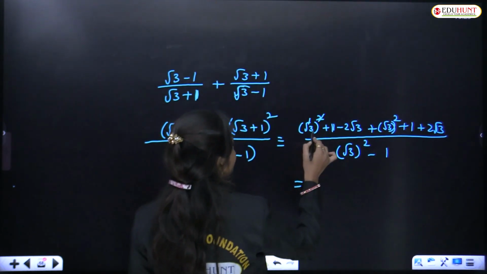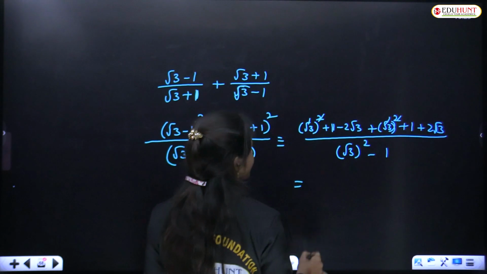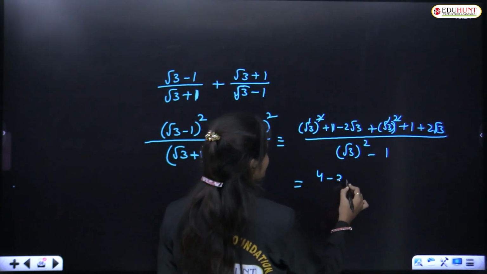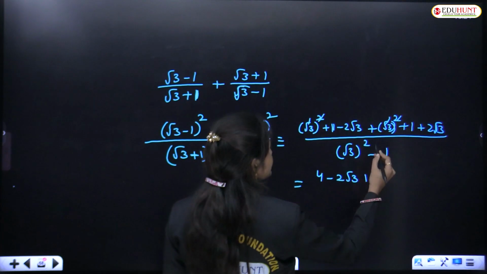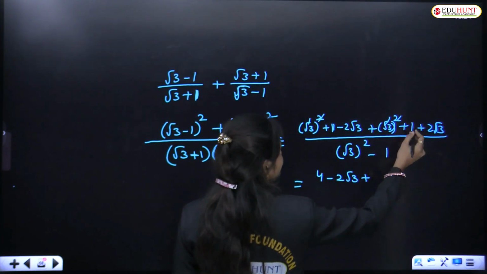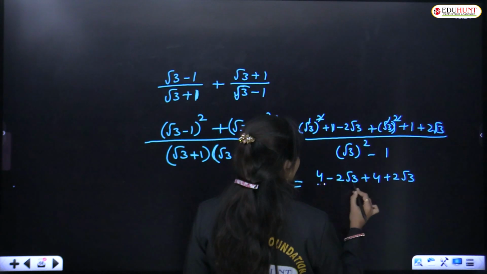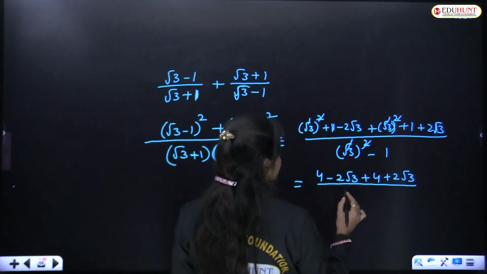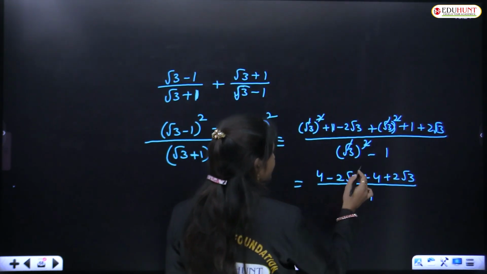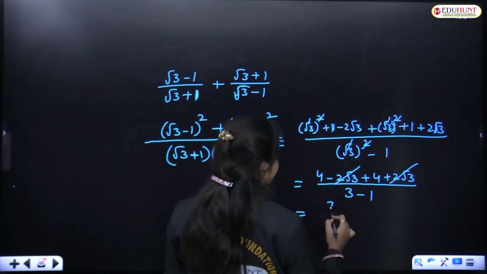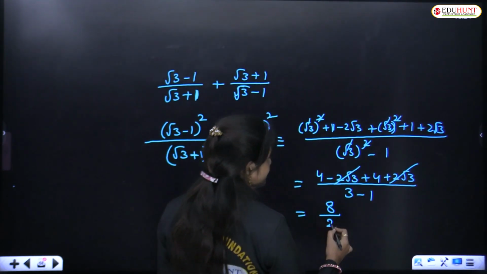So root 3 whole square, square and root get cancelled. So 3 plus 1 is 4 minus 2 root 3, plus 3 plus 1, 4 plus 2 root 3, whole by 3 minus 1. 2 root 3 gets cancelled. So 4 plus 4 is 8, by 3 minus 1 is 2.